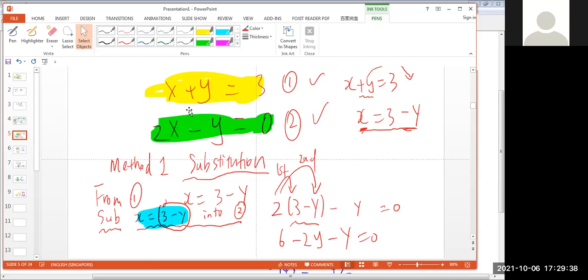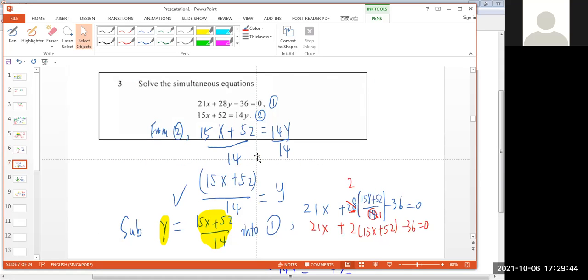Can you see? Substitution. So another question, over here, we also use the substitution method. We sub y in this case. So in fact, today we have discussed 3 substitution method questions.